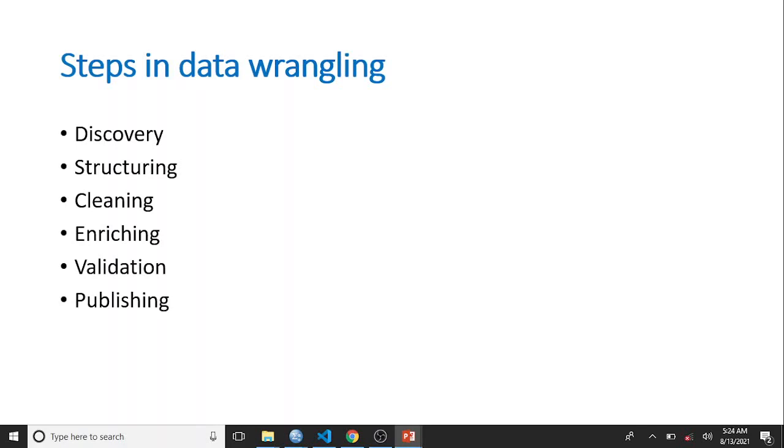In enriching, we determine whether or not additional data that could be easily added would benefit the data set. For example, you might want to have speed in your data set at the end. Speed is meters per second, so you need distance and time.